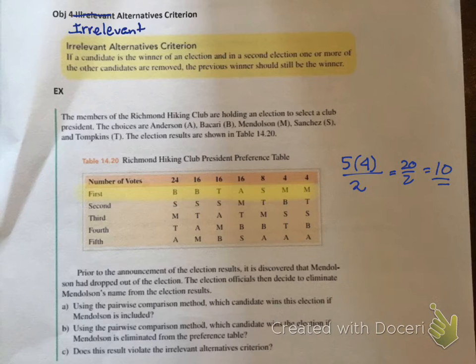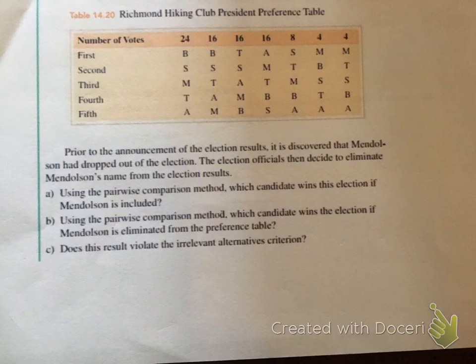So I'm going to have 10 different pairwise comparisons with Mendelson in the game. All right, I'm going to use the next page here to go ahead and write some stuff down. I'm going to do part A, and then we'll look at part B together and figure that one out. Okay, so part A, who wins the election?